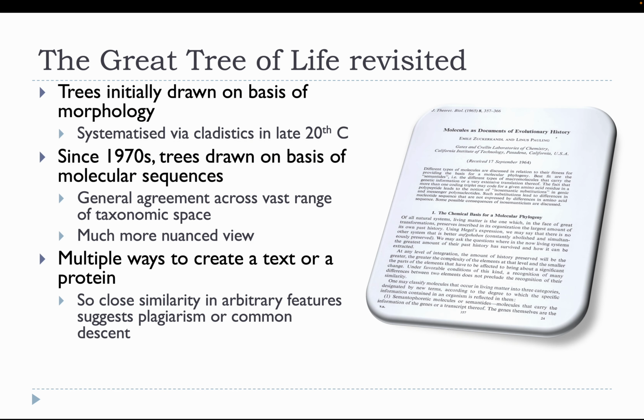And what this allowed people to do was to systematize evolution. Initially trees were drawn on the basis of morphology, and evolutionary thinking was really deeply embedded in that with a process called cladistics in the late 20th century. But since the 1970s, we've been drawing trees on the basis of molecular sequences. And there has been this clash between morphology and molecules.